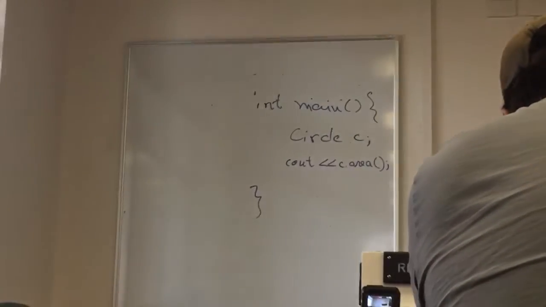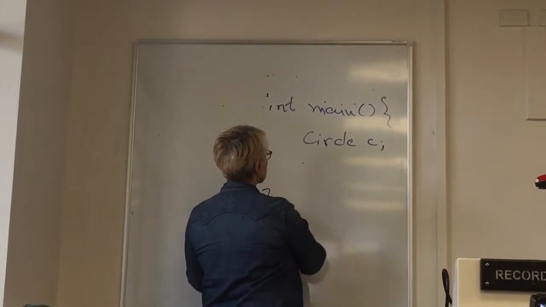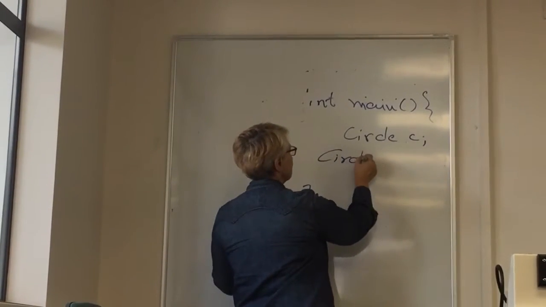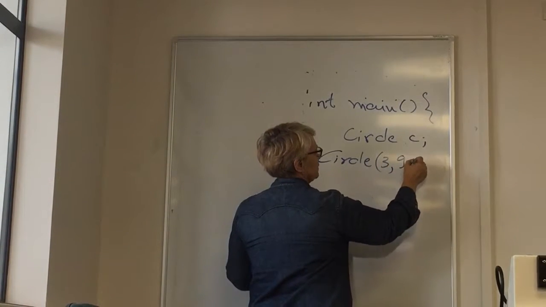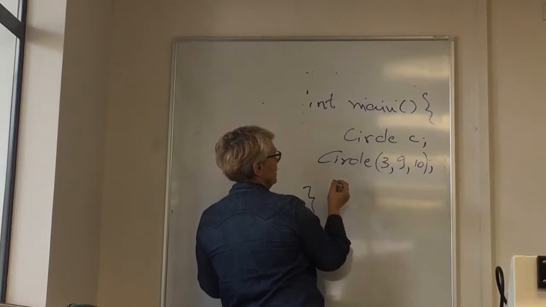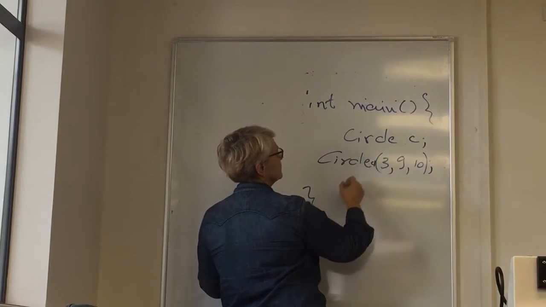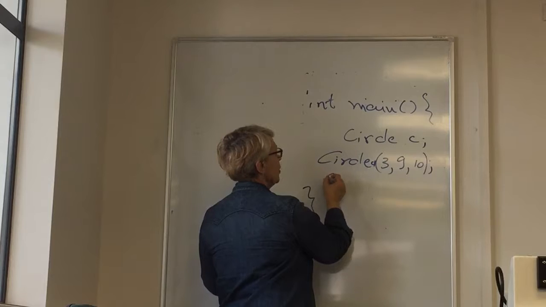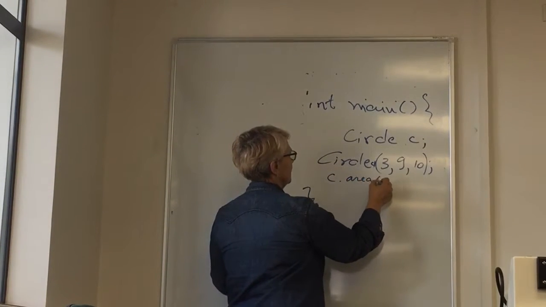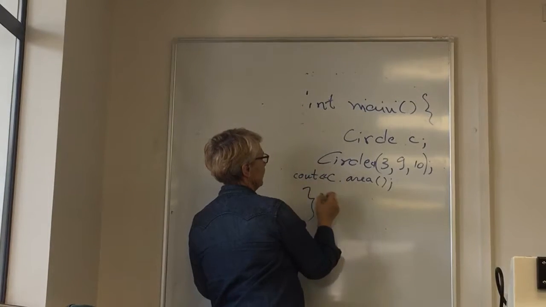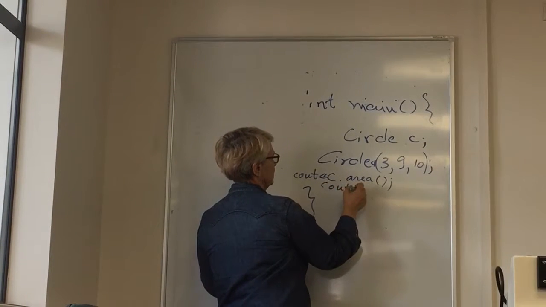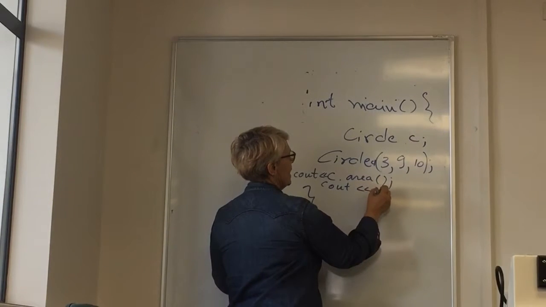We have a default circle, and then we have another circle which takes 3 data, and then circle C and C1, and then we call C.area to be displayed, cout, C.area, and cout, C1.area.